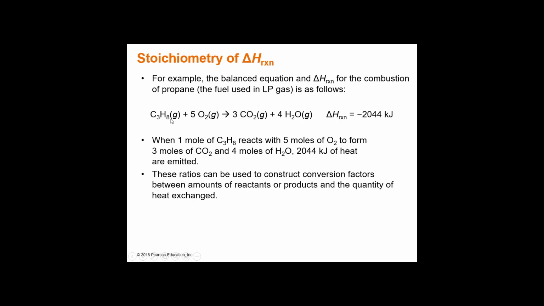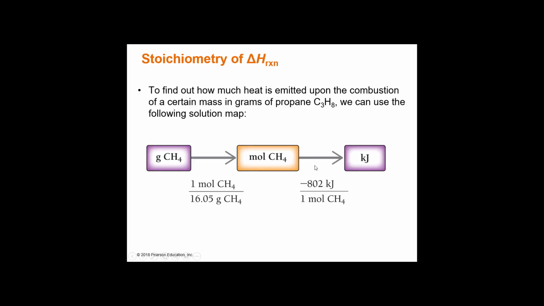This amount is equivalent to any of these for conversion. That means 1 mole of propane equals this amount, 5 moles of oxygen equals this amount, 3 moles of CO2 equals this amount, 4 moles of water equals this amount. And we can set it up as a conversion like you see it here. So if we needed oxygen, we could put oxygen, and we would have to have the correct moles for that, and so forth.